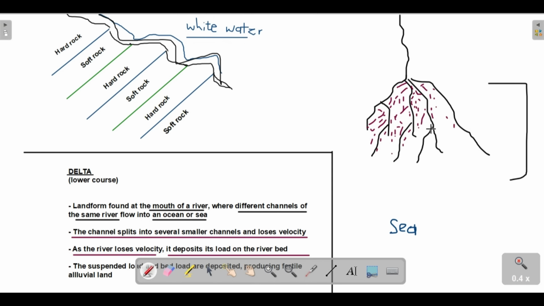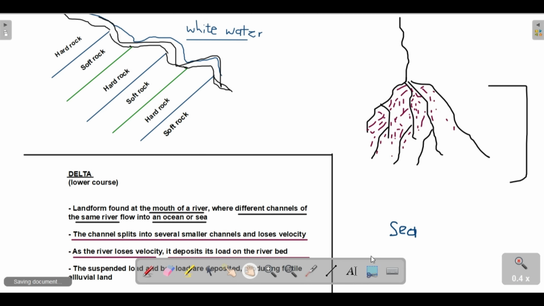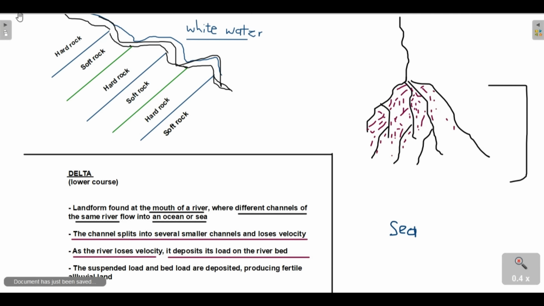So if it slows down, we said that it releases, drops, or deposits its load, meaning the suspended load. And so here you have a combination of the suspended load and the bed load that is already there. All of those are deposited on the mouth, which is where the delta is, producing a fertile alluvial land.